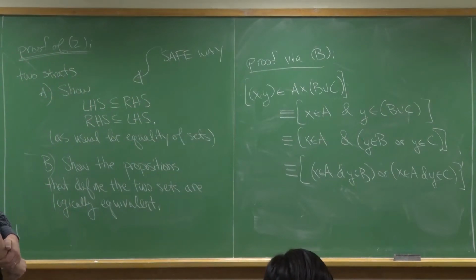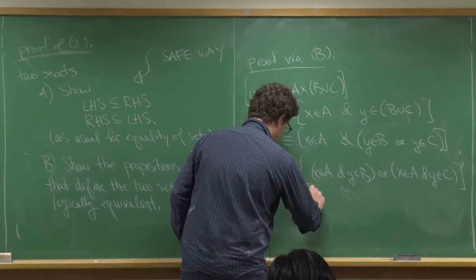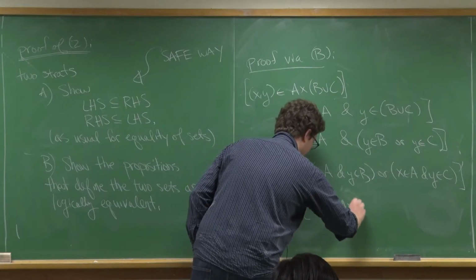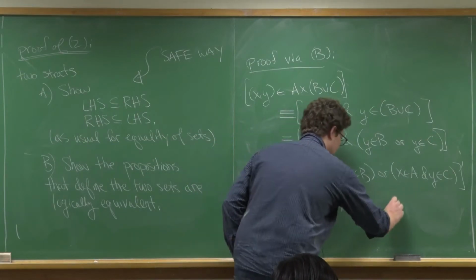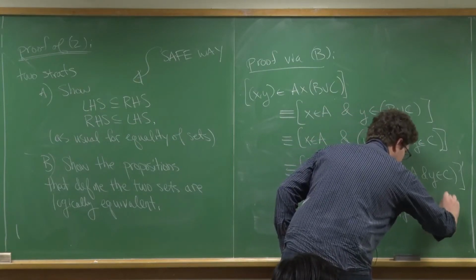Exactly, reduce it back. So this is the equivalent of saying that (x, y) is an element of A cross B, or (x, y) is an element of A cross C.